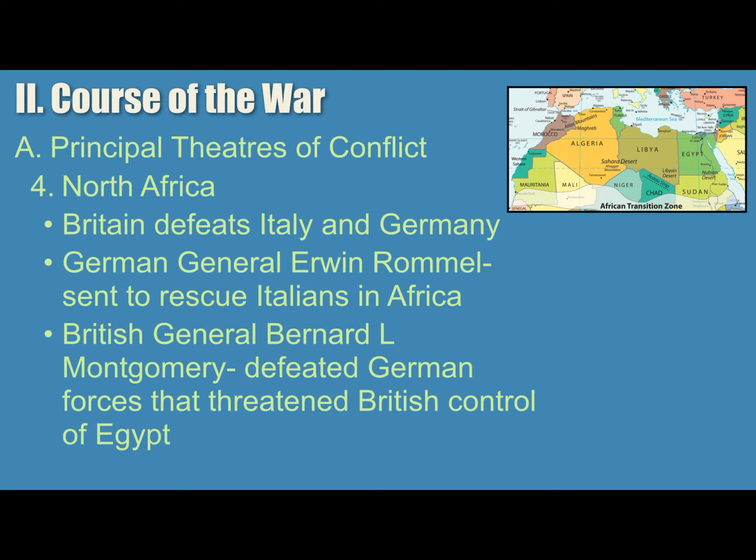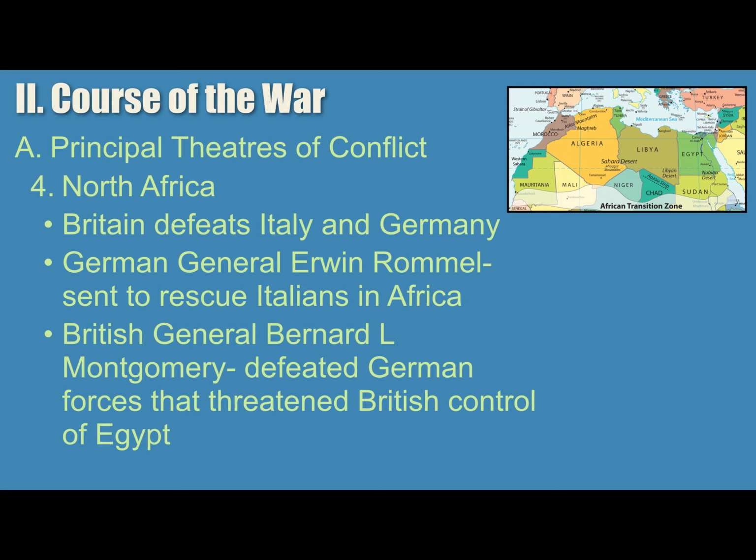The British really quickly expelled the Italians from Egypt and captured over 100,000 Italian troops. Hitler saw this going on with their ally, the Italians, and responded by sending General Erwin Rommel. Rommel is a very famous German general.